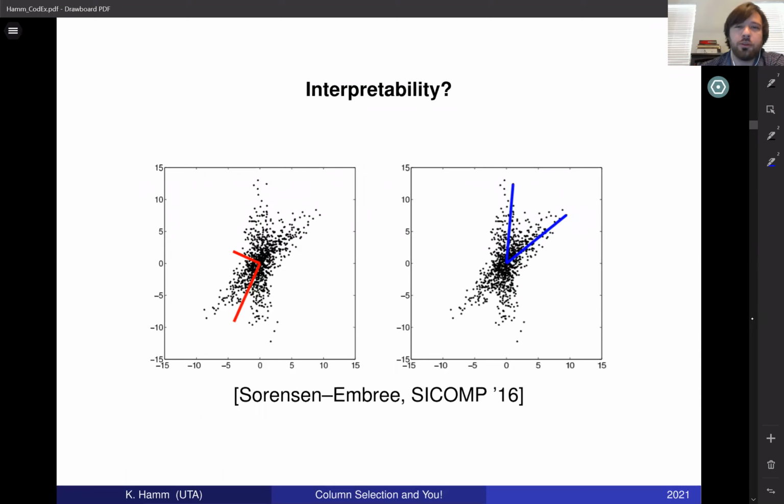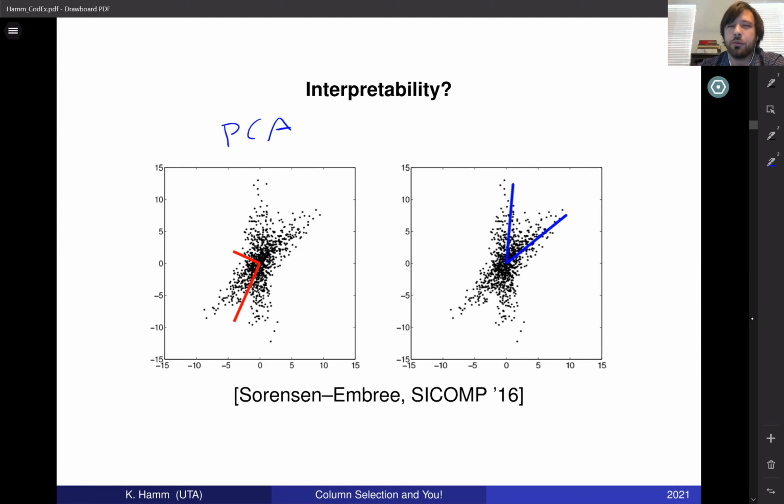Here's a nice example that illustrates this fact and some of the differences from PCA. This is from a paper by Sorensen and Embree from 2016. So you have a mixture of two Gaussians here, and the red vectors on the left are the principal components that you get from PCA.